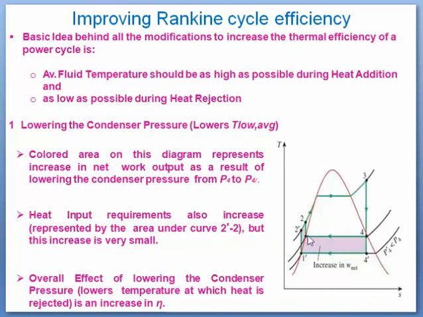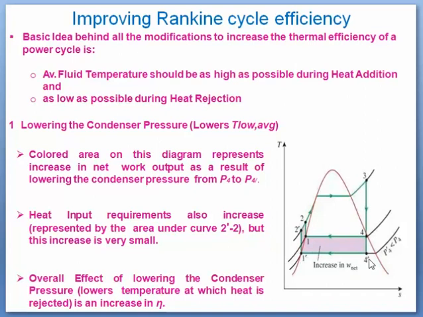So here you can see that the 1-4 line, that is P4 pressure, represents the earlier condition of condenser pressure. Now once we are lowering it, as we had discussed earlier, lowering means we are moving in the downward direction.